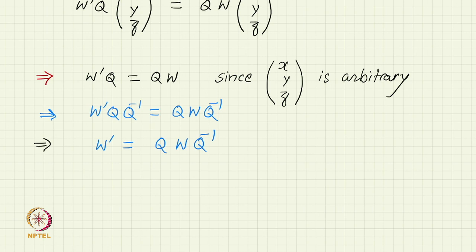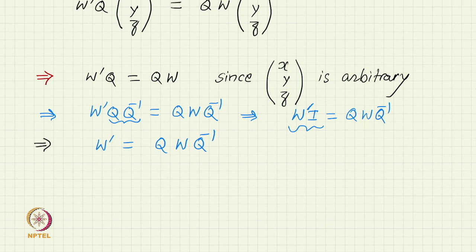I right multiply by Q inverse on both sides, still one more step, W I, because Q inverse will be an identity matrix I. And W prime I is W prime, because identity will not change the matrix. So, you get this.